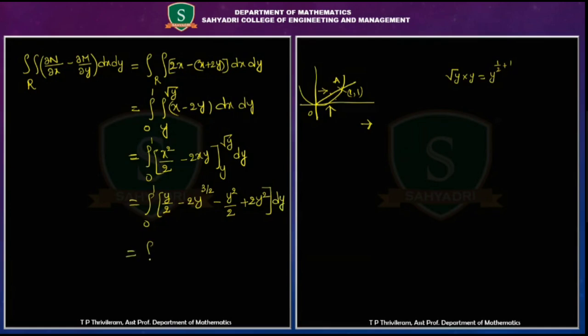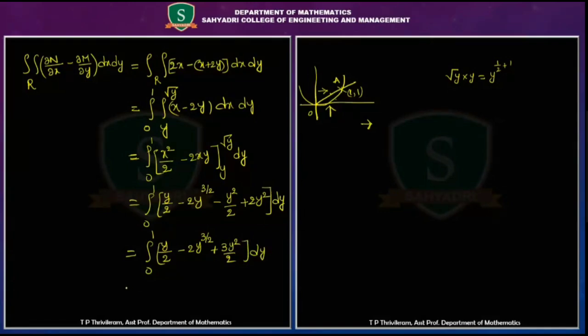So this one is equal to integral 0 to 1, y by 2 minus y power 3 by 2 minus, if you take LCM for this y square terms, what happens? 4y square minus y square. So you'll get plus 3y square by 2 into dy.